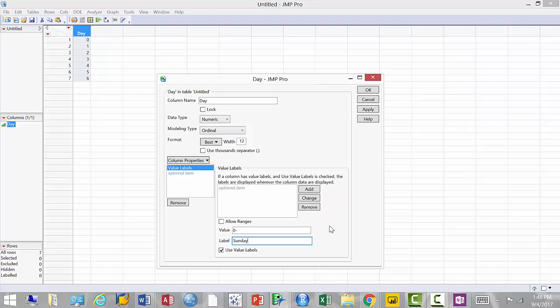And go ahead and click the add button. Do you have a dash after the 0? Oh yeah, 0 dash, sorry. 0 corresponds to Sunday, okay? And then you say add. Then after that, 1 corresponds to the label Monday. Click add. 2 is Tuesday. Add. 3 is Wednesday.